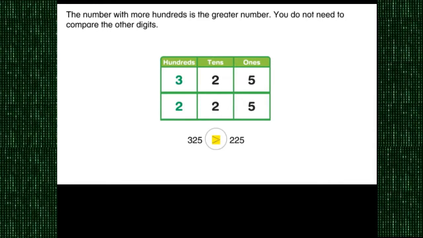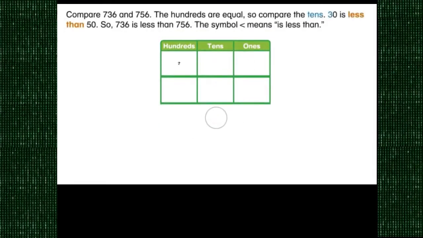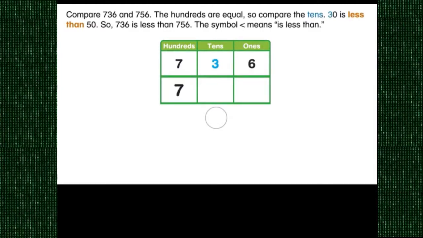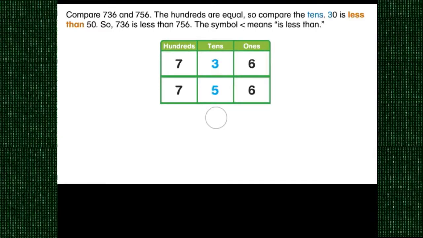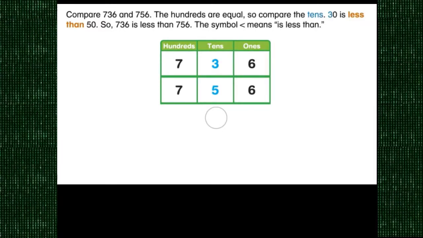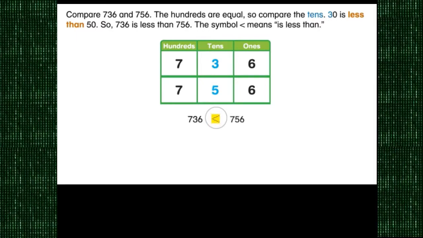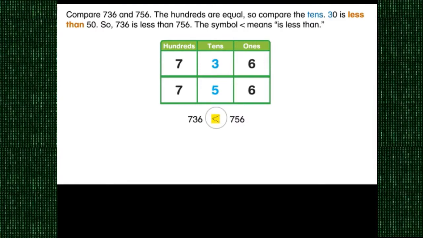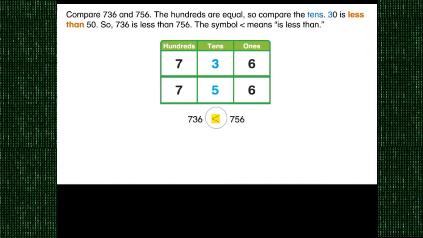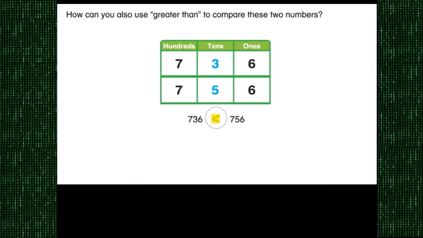You do not need to compare the other digits. Compare 736 and 756. The hundreds are equal, so compare the tens. 30 is less than 50, so 736 is less than 756. The symbol means is less than. How can you also use greater than to compare these two numbers?